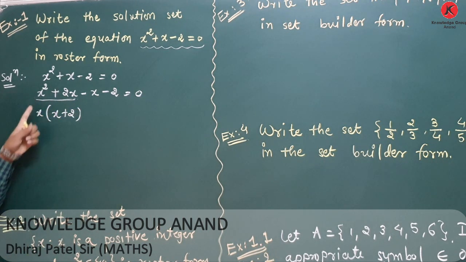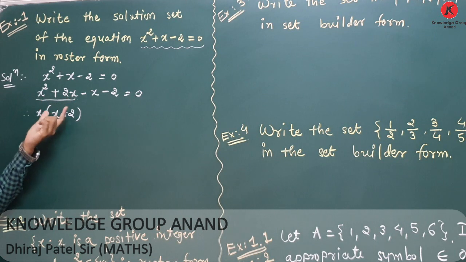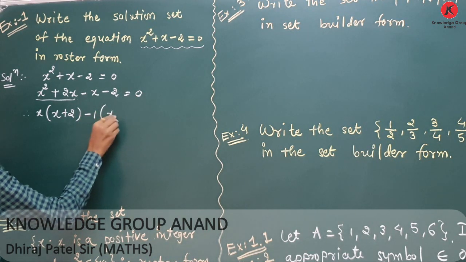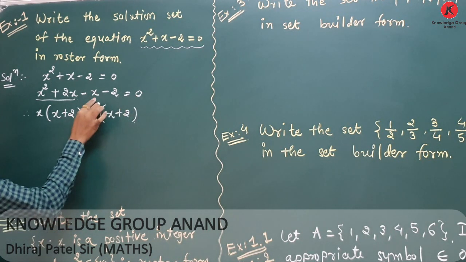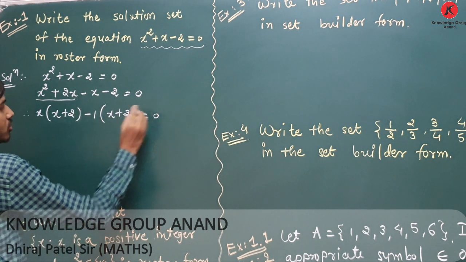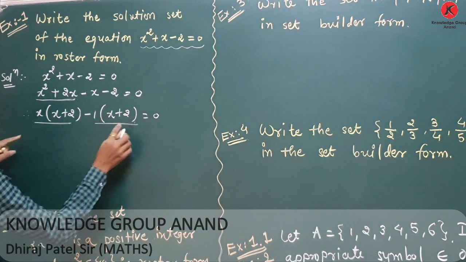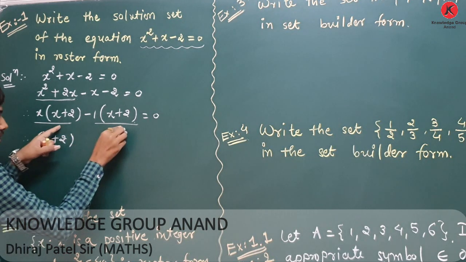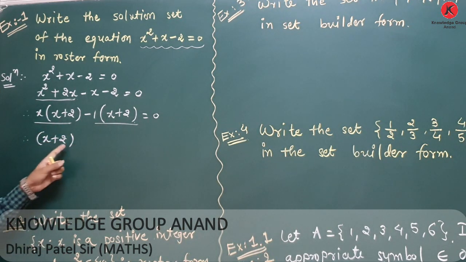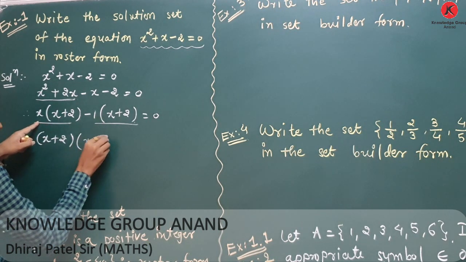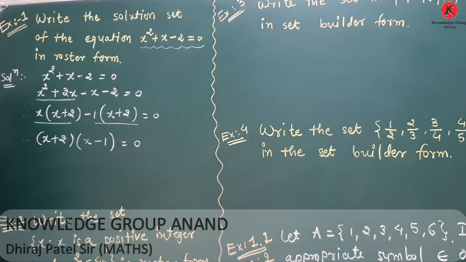Therefore, we get x common, and the remaining terms x plus 2 here. Now, take minus 1 common from these two terms. Therefore, the remaining terms x plus 2, minus is common, therefore x plus 2. Now, take x plus 2 common from these two terms. Therefore, we get x plus 2 into the rest terms x minus 1, which equals 0.